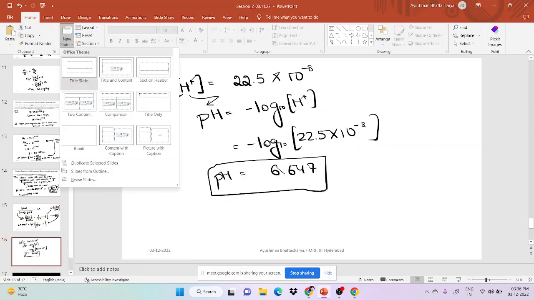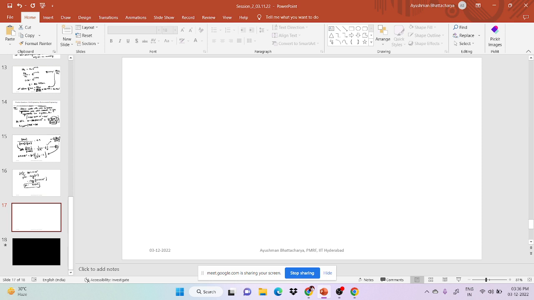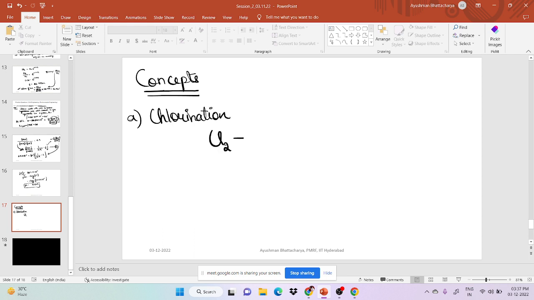So a few other things I would like to mention here. These are some concepts which you should remember in chlorination. In chlorination, whenever we add Cl2, it forms HOCl, hypochlorous acid, plus HCl.